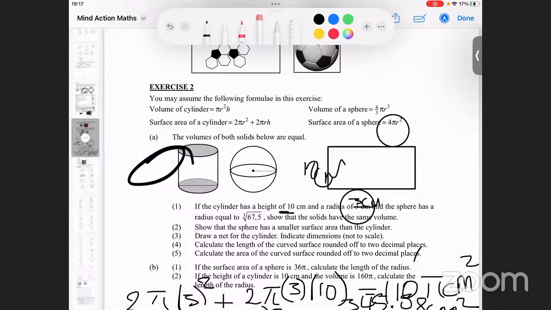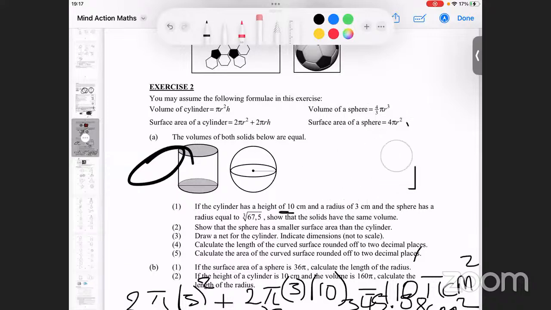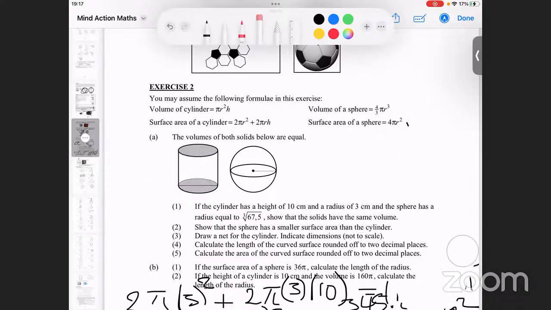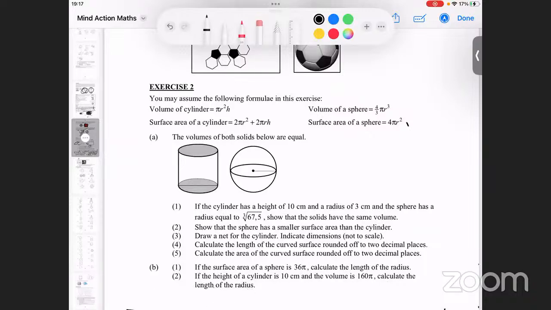Do you remember the formula we used to calculate this? Is it pi? 2 pi r. Perfect.